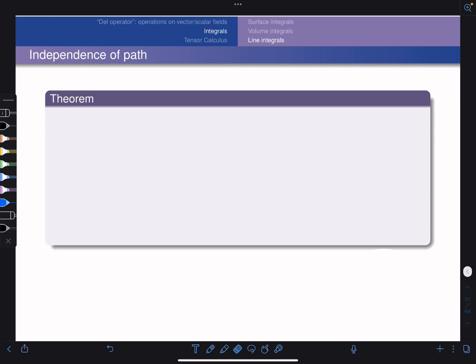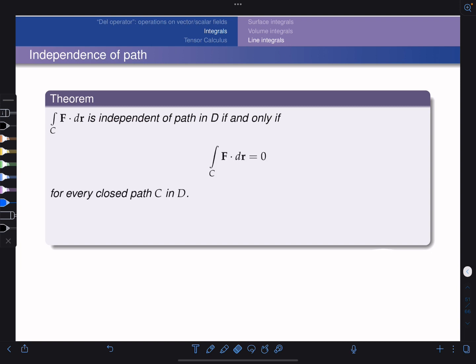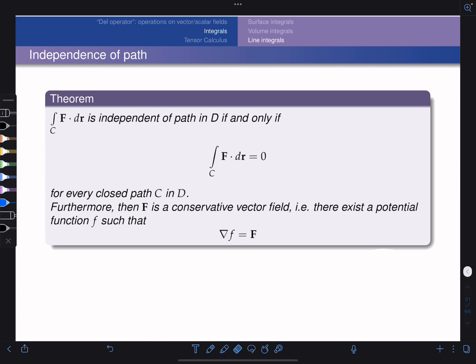The next theorem we are going to analyze is related to independence of path. We have that the line integral along the curve C of the vector field F is independent of path in D if and only if this line integral is equal to 0 for every closed path C in D. Furthermore, then we have that F is a conservative vector field.